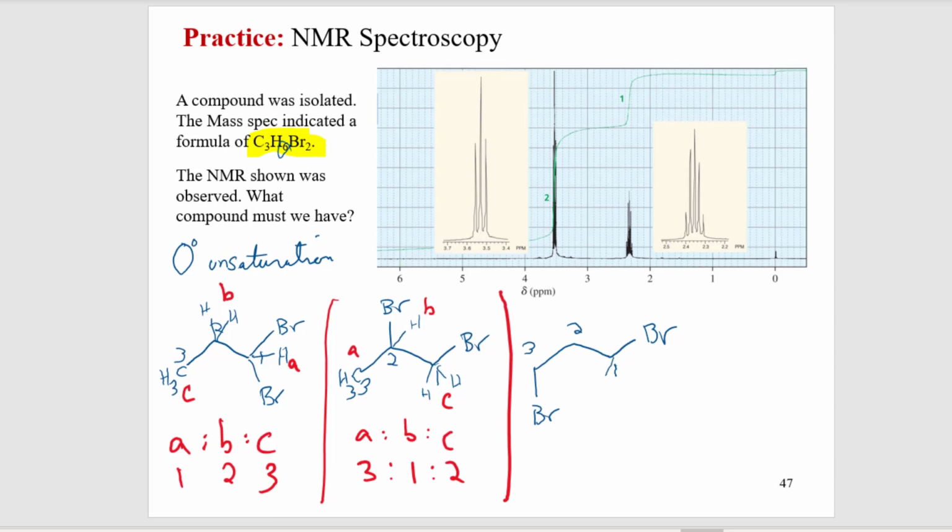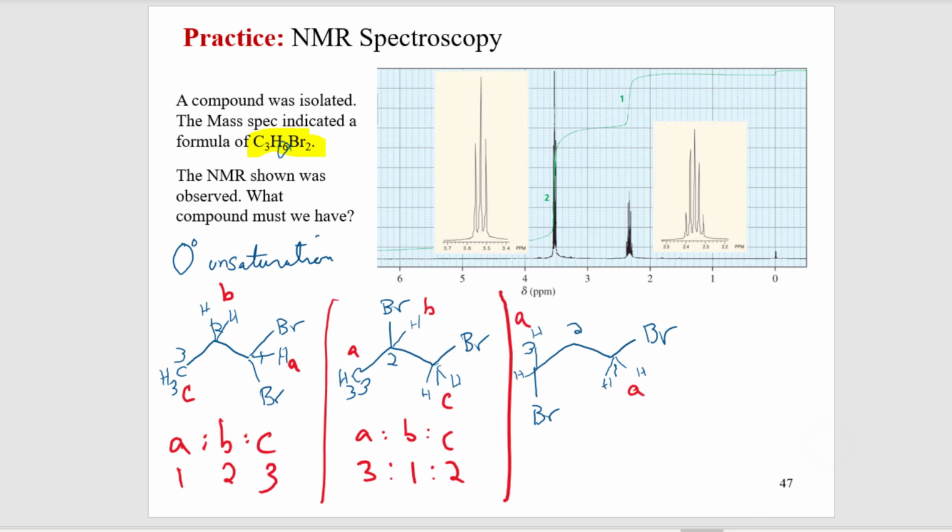Carbon 1 has 2 hydrogens, and it's attached to a bromine, right? The hydrogens are on a carbon attached to a bromine, attached to carbon 2. Notice that carbon 3 has 2 hydrogens. They're attached to a carbon with a bromine attached to carbon 2. So equivalently, the hydrogens at 1 and 3 are actually the same environment.